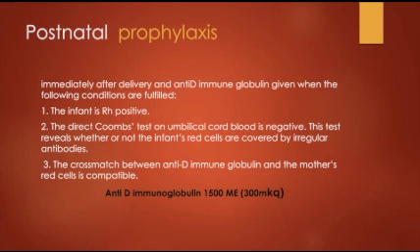So we need to do anti-D immunoglobulin if the infant is Rh positive, the direct Coombs test on umbilical cord blood is negative, which reveals whether or not the infant red cells are coated by irregular antibodies, and the cross-match between anti-D immunoglobulin and the mother's red cells is compatible. So this is the dose of anti-D immunoglobulin for postnatal prophylaxis.